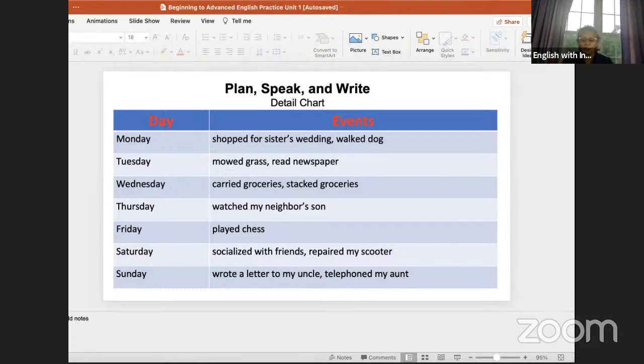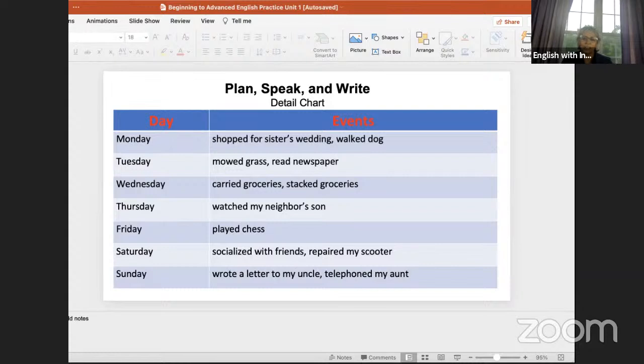So walked the dog. I know many of you don't have a dog, but there are so many stray dogs out there, which you call street dogs. Stray, S-T-R-A-Y, stray dogs.